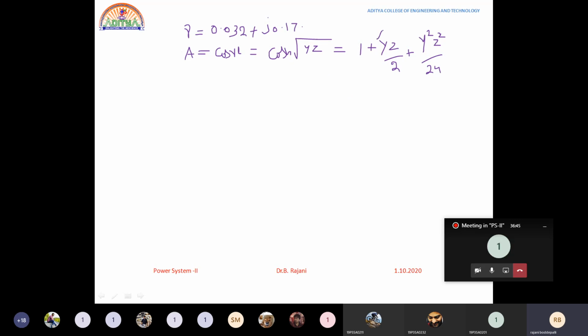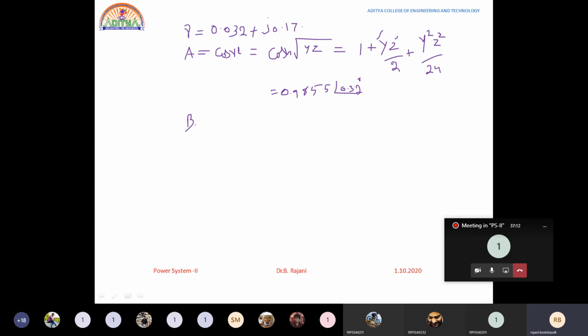You know the value of y, you know the value of z. Substitute in this equation and you will be getting the value as this much. All of you please try for it. I'll be asking you in tomorrow's class. 0.9558 into 0.32 degrees.